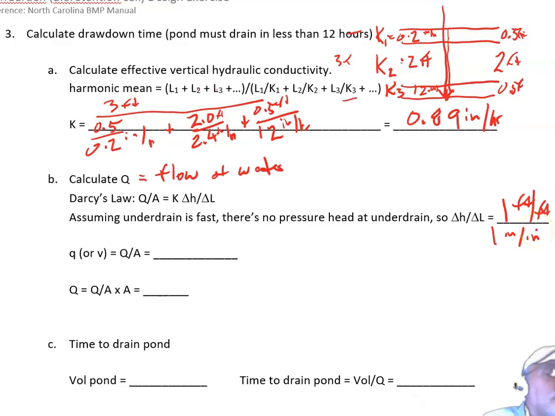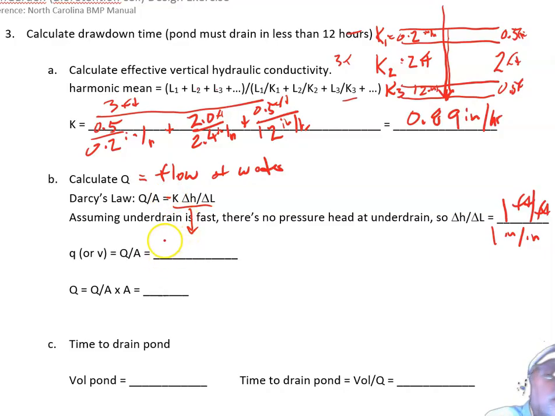So Darcy's law then says Q over A equals K dH/dL. So really, remember we always say we want to have a negative in there.